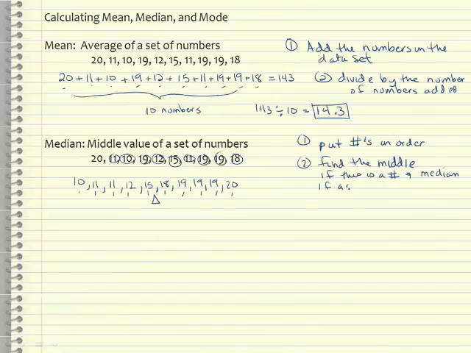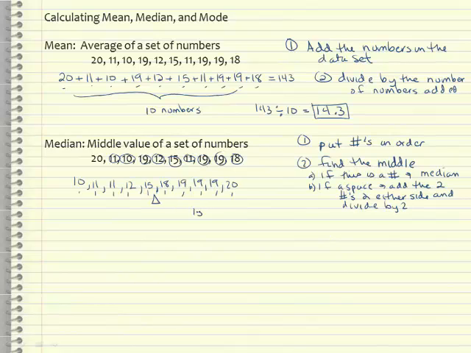If it lands on a space, then we add the two numbers to either side and divide by 2. In this case, we found a space.